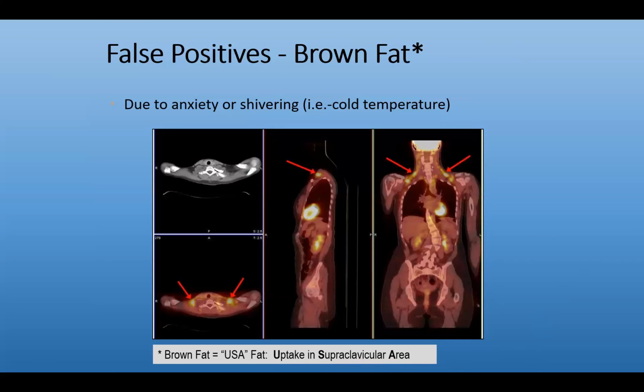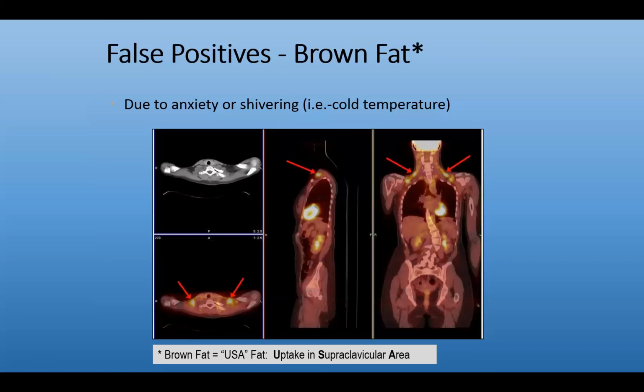So again, more physiologic uptake of brown fat, right? And you can see on the fused image that confirms the location. Because sometimes it's hard to know exactly where this is. Is it in a node? Is it in the cervical node, or is it actually in brown fat?